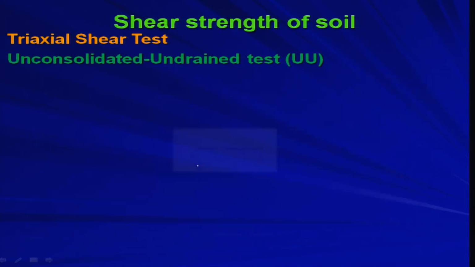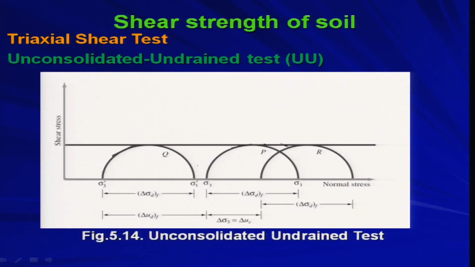If you look at this figure, what we are doing is the UU test on a similar type of soil in two different specimens. Say one specimen is experiencing this much cell pressure, and another specimen is experiencing this much cell pressure, and you are going to find out the effective stress Mohr circle.